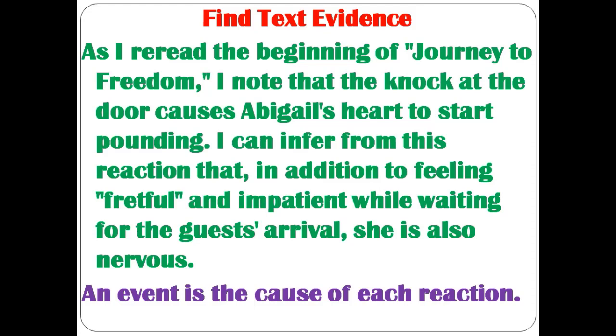An event is the cause of each reaction. Now, Abby is the name of the girl. So they were waiting for the guest when the story starts. And so her heart started pounding. She reacted because someone knocked at the door, and she got nervous and worried.